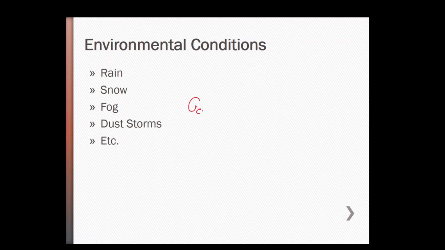Also, sometimes when we do our design, in different places where we have snow and ice, lots of rain, sand, or other environmental conditions that might affect the drive, these also have some different numbers that enter into our work. For example, rain, snow, fog, dust storms, and any other environmental or weather conditions might be some kind of input in your geometric design.